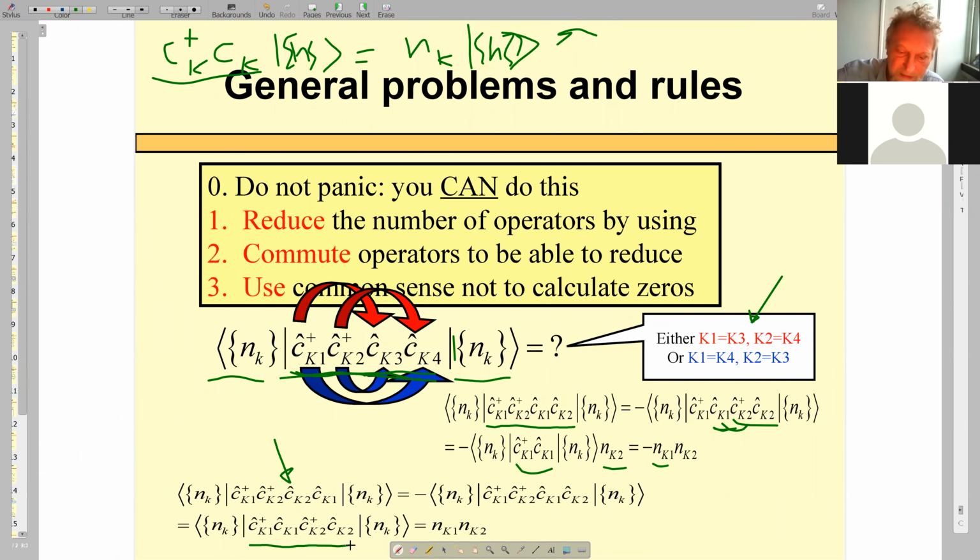Then it's just the same factors coming, but with a minus sign. All right, this is a calculation which looked difficult, but well, with some effort, it can be done. In fact, it is simple.